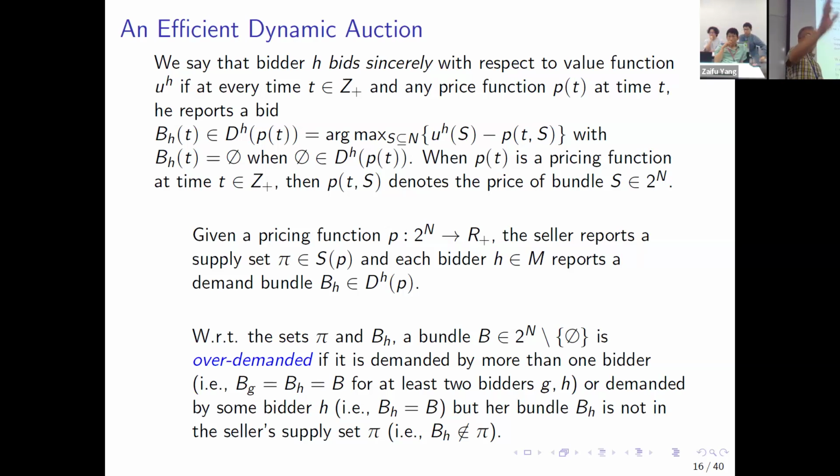Some bidder reports an optimal bundle, and even if this bundle is demanded by just one person, if this optimal bundle is not in the supply set of the seller, then we also say this bundle is over demanded.